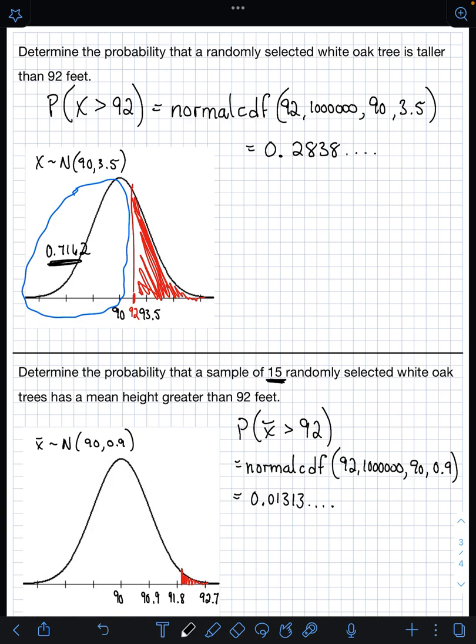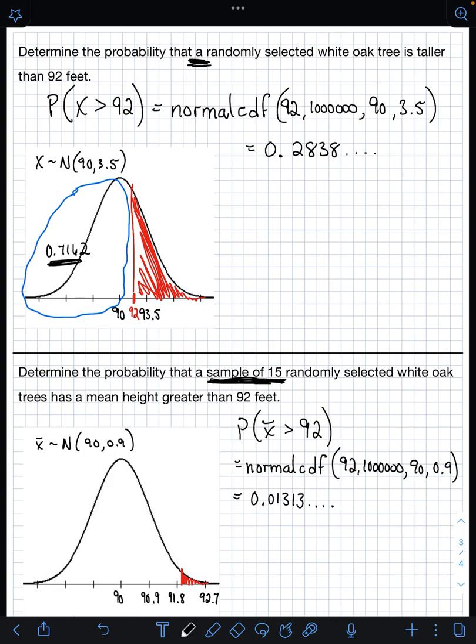The big key to them is whether you're picking a single randomly selected item or whether you're picking a sample of several randomly selected items. So that's what you have to pay attention to here. If we're being asked about the probability of a single randomly selected member of the population, we do a basic normal distribution, nothing fancy.